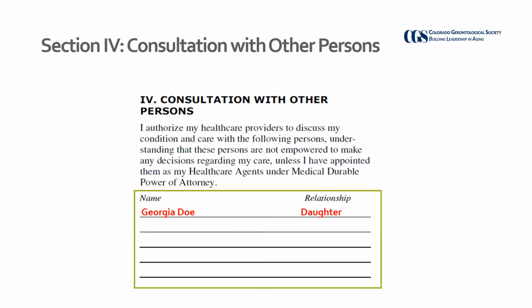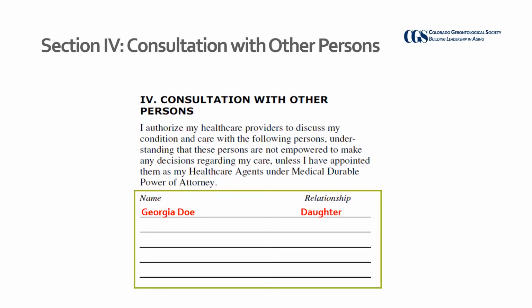Only your agent under your medical durable power of attorney has that ability. So here, Jane Doe gave Georgia Doe, her daughter, that permission. So in her case, her daughter will be able to talk to the healthcare providers, discuss her condition and care.